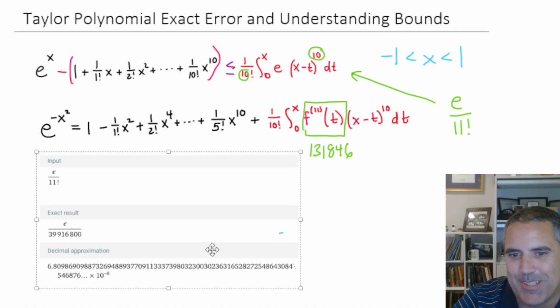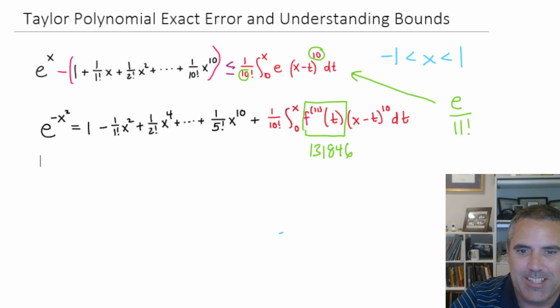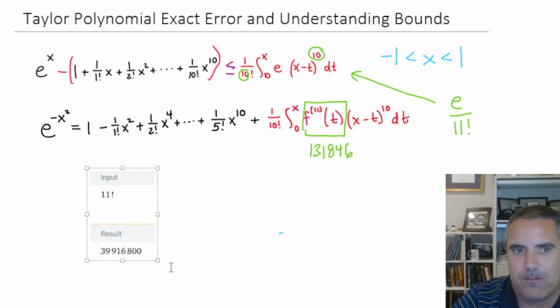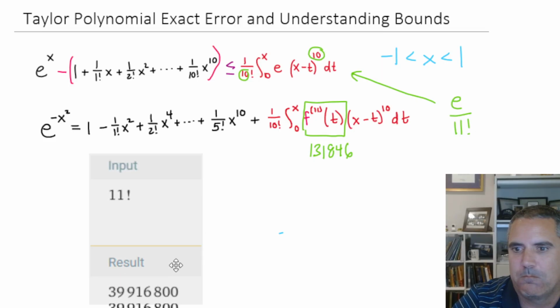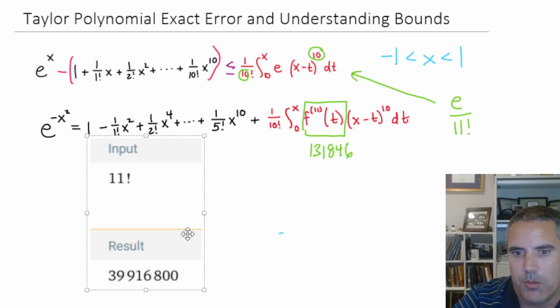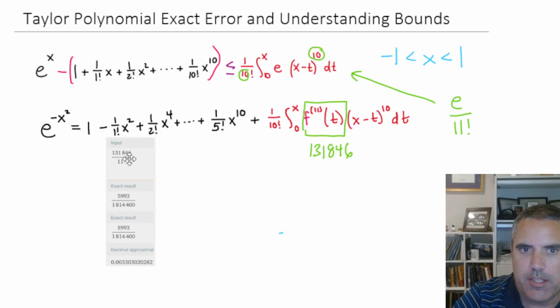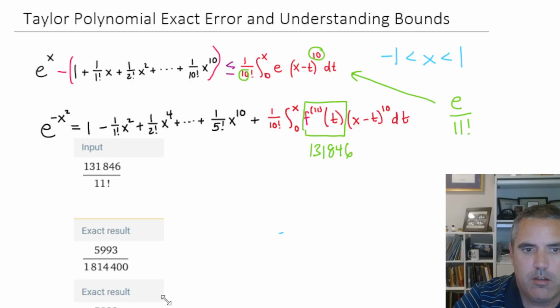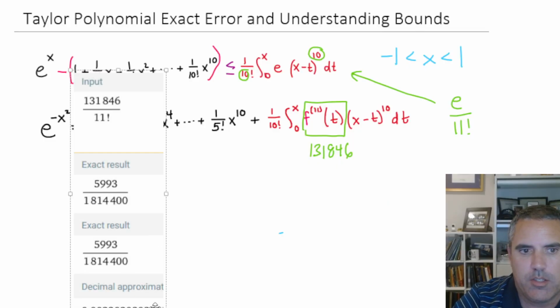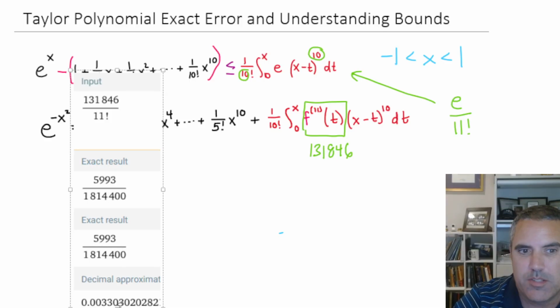Oops, that's e over 11 factorial. 11 factorial is really big. It's bigger than that number. So if you're using this on the interval -1 to 1, you can be confident that it's always going to be accurate to 2 digits, 0.003.